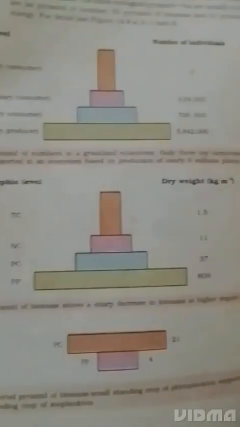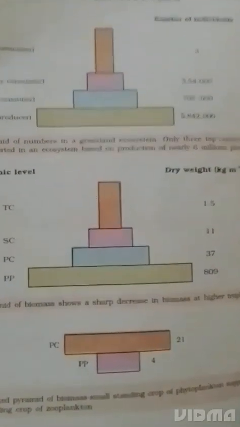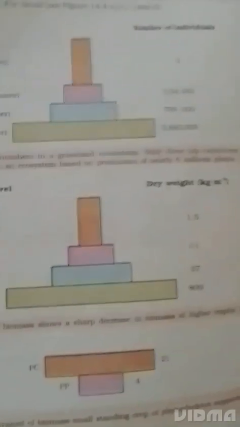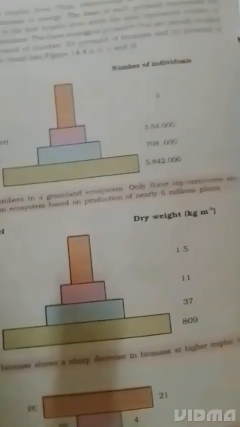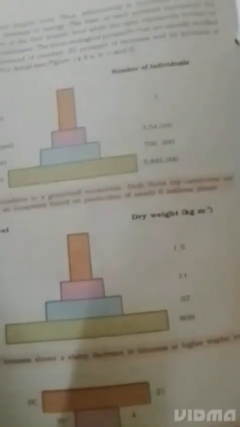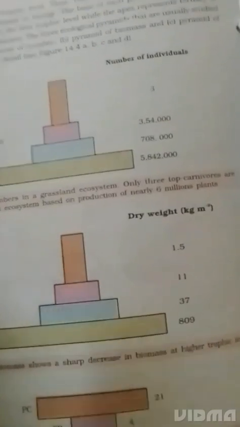In the process of productivity, the conversion of solar energy into chemical energy could be learned across the different trophic levels. In the last class, we learned about the conversion of primary productivity into secondary, and in an ecosystem we can learn it through the ecological pyramid.